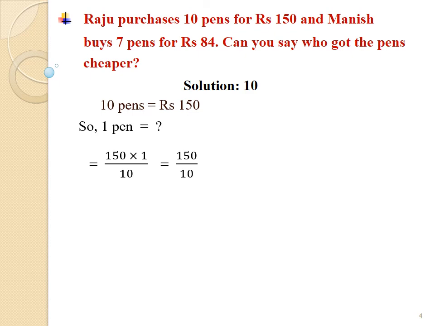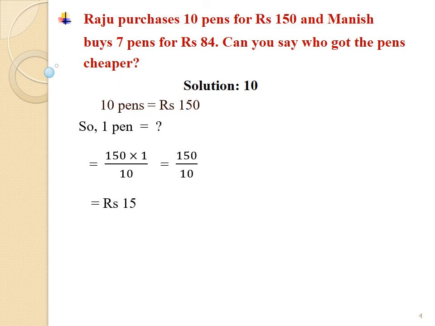Now cancelling common 0, we get 15 upon 1 and dividing 15 by 1, we get 15, or dividing 150 by denominator 10, we get 15. Thus, Raju purchased 1 pen at rupees 15.